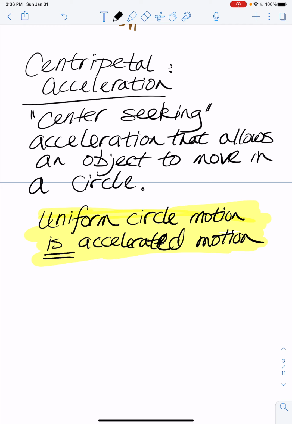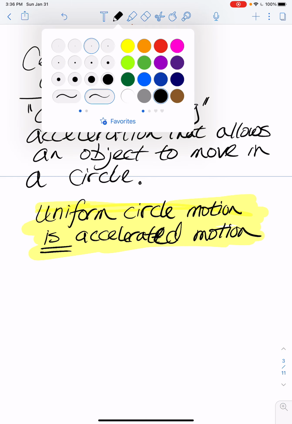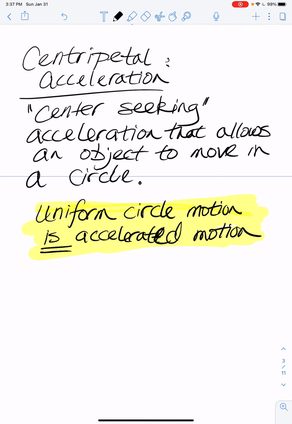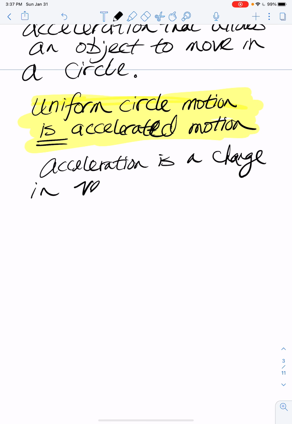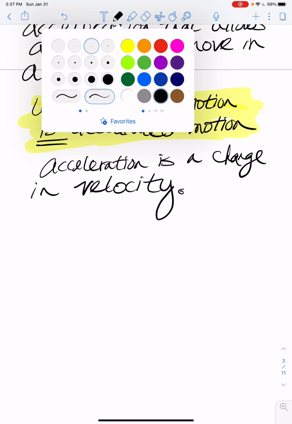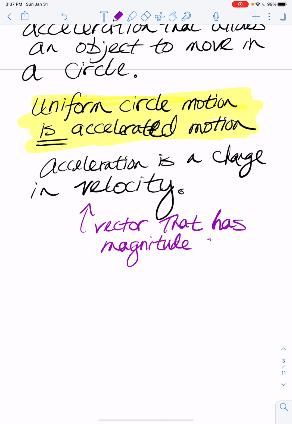And the question becomes why? How is that possible, that you're traveling at 25 miles per hour but still accelerating? And the idea is go back to your definition of what acceleration is, right? Acceleration is a change in velocity. And you have to remember what velocity is, right? Velocity is a vector that has magnitude and direction.